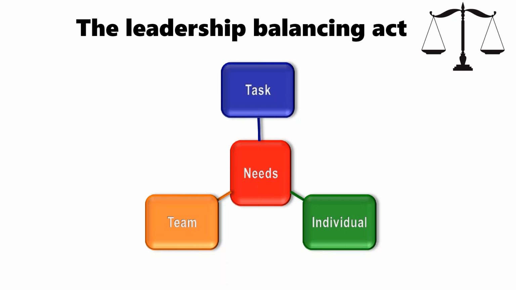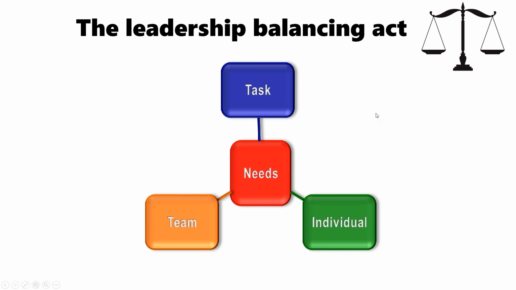But all the while, you've also got a whole bunch of other relationships going on in your team. That is the relationship between the individual team members and how they conduct themselves and how they communicate with each other. And those sorts of things you do have some control over. That is creating a climate where people are willing to work together in a team. So it becomes even more complex.